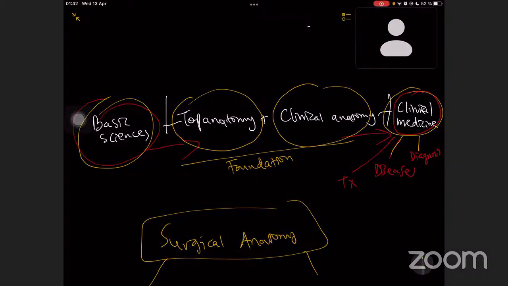That's why when we are discussing clinical anatomy as well as topographic anatomy, we use a lot of clinical terminology, because essentially topographic and clinical anatomy help us in our execution of clinical medicine.